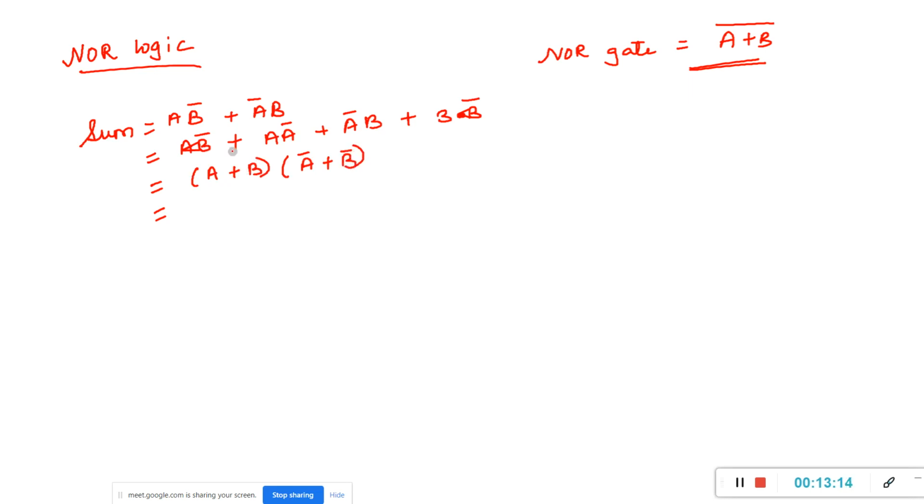How did I get this? When I take A common here, I got A bar plus B bar. When I take B common here, I got A bar plus B bar. So by applying the law, I will get A plus B on one side and A bar plus B bar on another side. So after applying this, I'll put double bar on this.